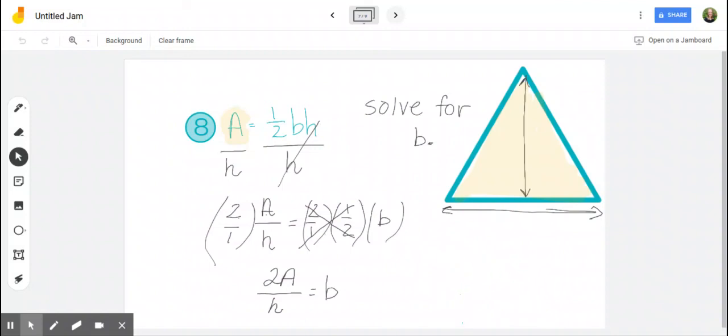Okay, so everything we've done so far, we have identified literal equations, so they have more than one variable. We most often see them with formulas, but we're putting real values in place of the variables. But the biggest thing we need to know with literal equations, we need to know how to solve for any of the variables that are in the equation.